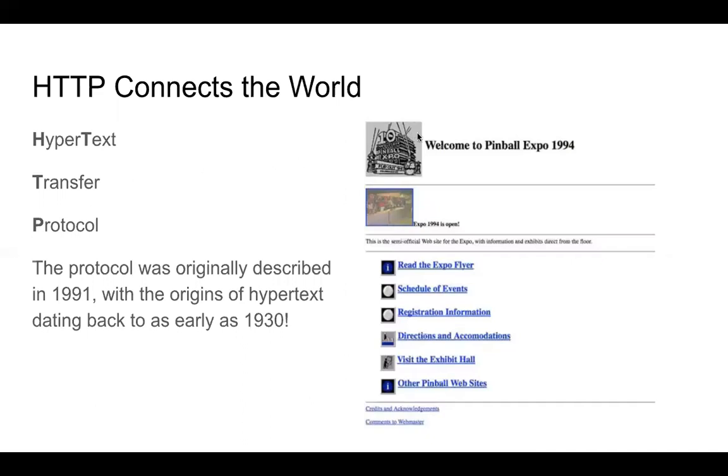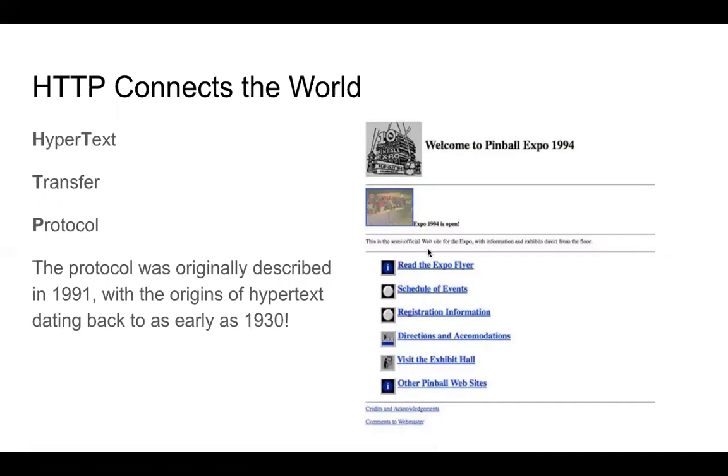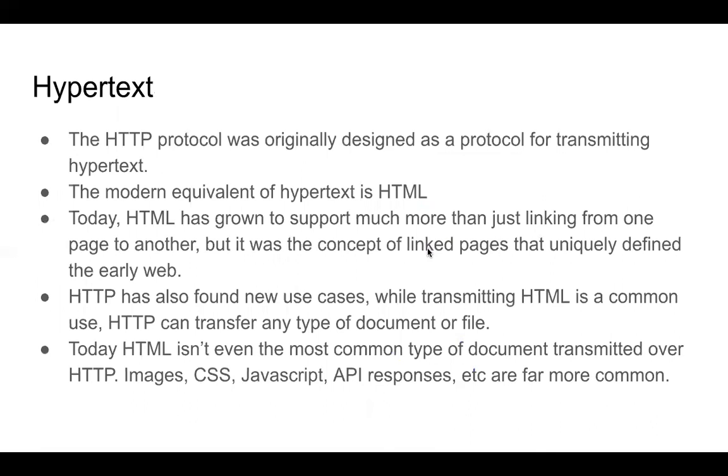So this is an early example of an HTTP protocol in action, the Pinball Expo 1994. This is just a very early website created using hypertext. This protocol was originally designed for transmitting hypertext, which is essentially the precursor to HTML.